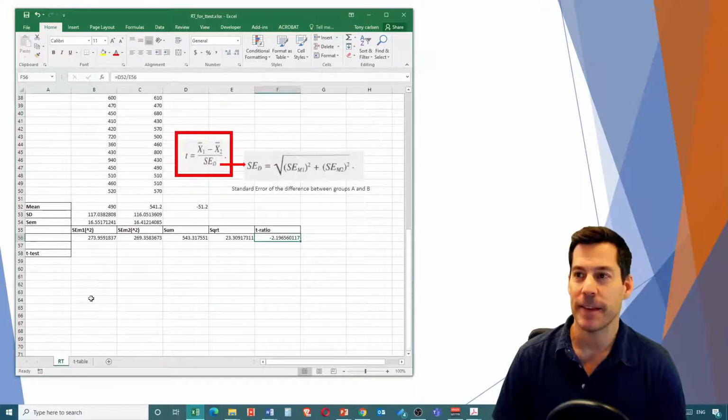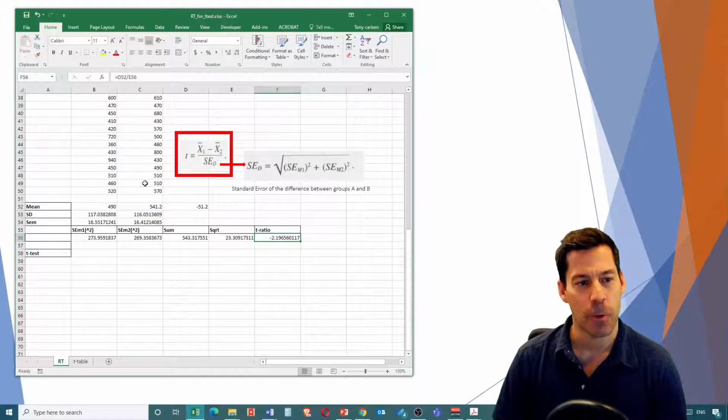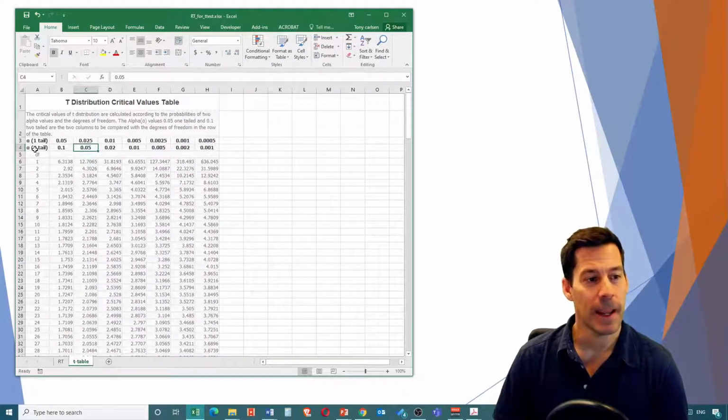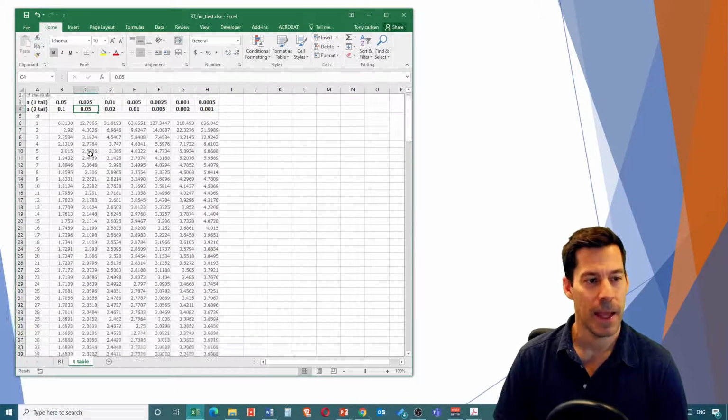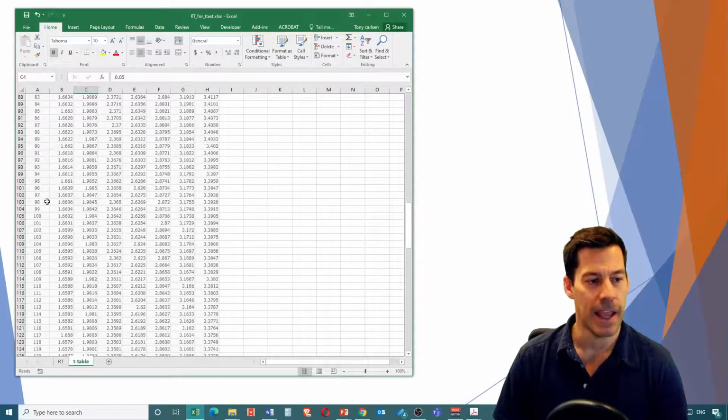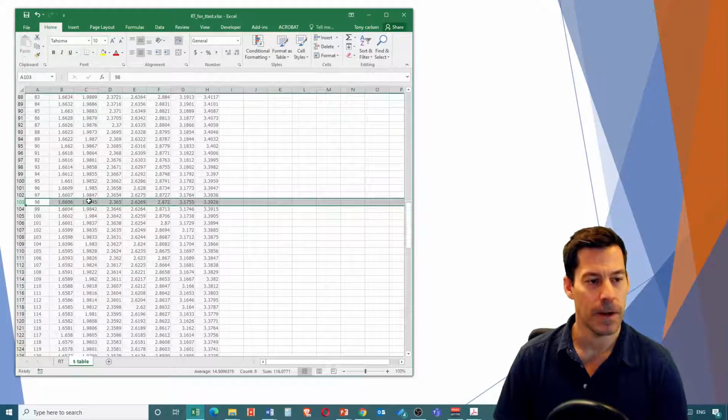In an independent samples t-test, it's the n of group 1 minus 1 plus n of group 2 minus 1. So we know that n of each of these is 50. So 49 plus 49 is 98. So my degrees of freedom is now going to be 98. So I'm going to go into this column and I'm going to scroll down until I hit 98. There's my degrees of freedom.